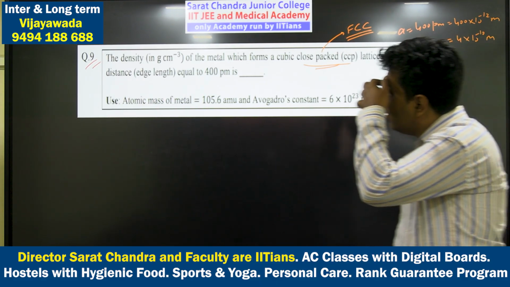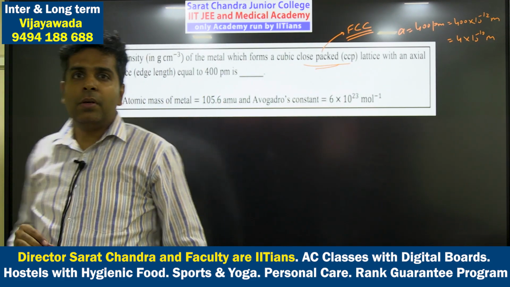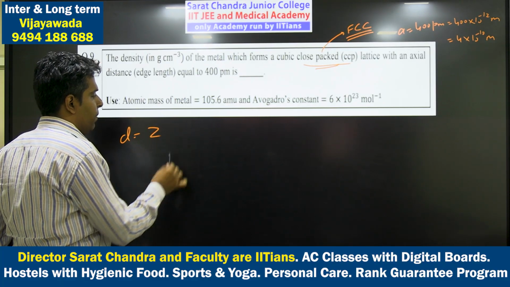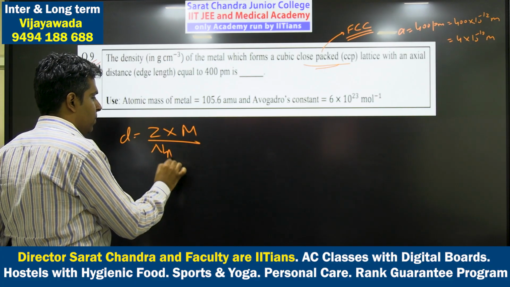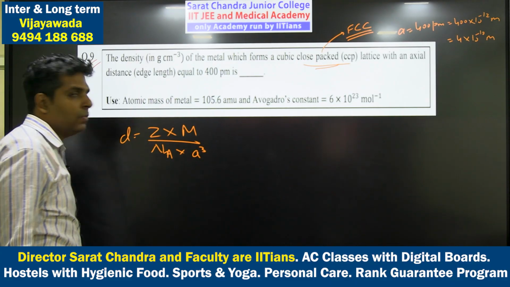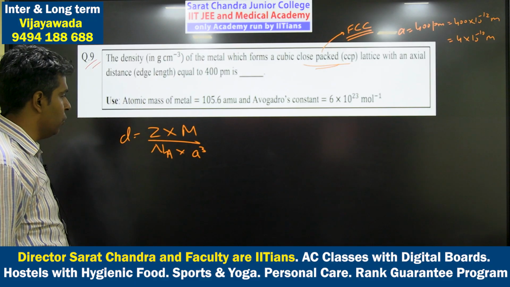Density you have to find out in grams per centimeter cube. The formula for density is the effective number of atoms in that packing into the atomic mass, divided by Avogadro's number into the volume of the cube, that is a cube.